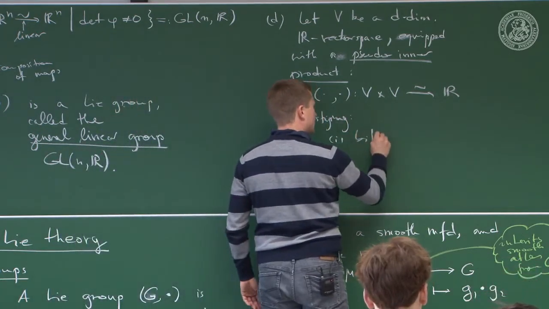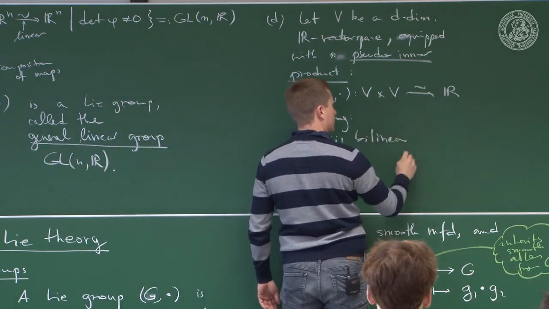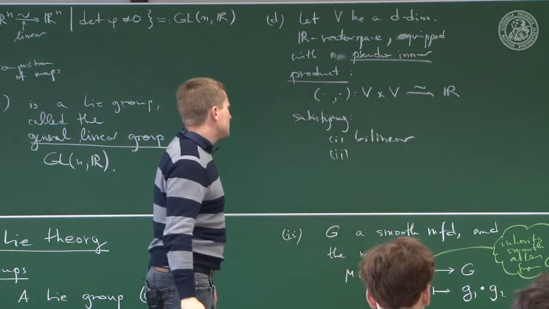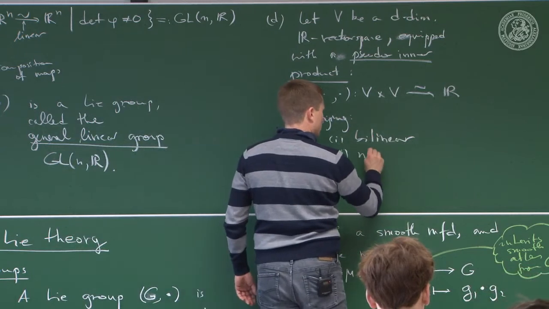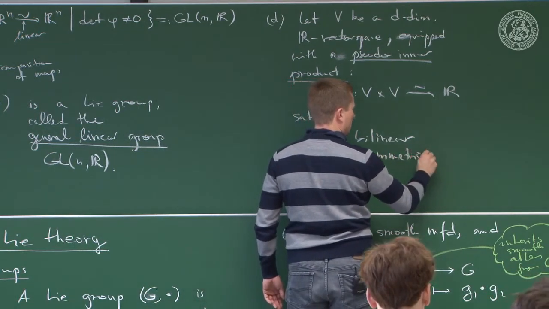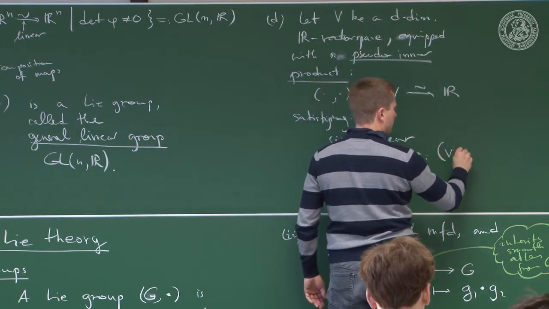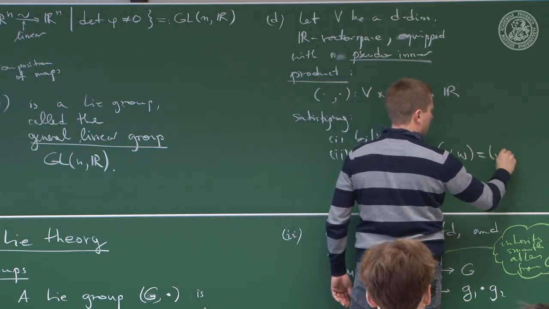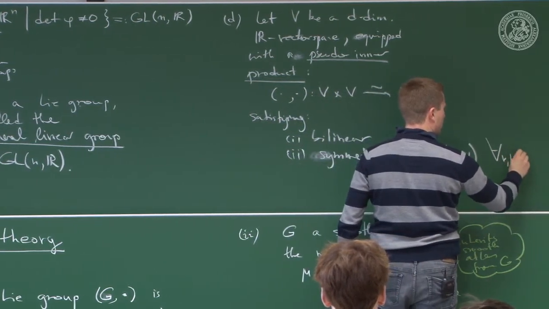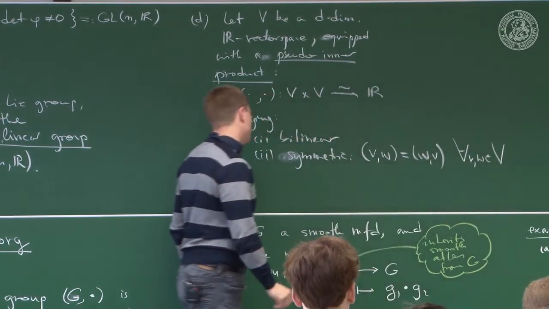Let's emphasize this again. It's already clear here. It's bilinear. And then it's symmetric. That means you have (v, w) is (w, v), for all v, w in capital V.